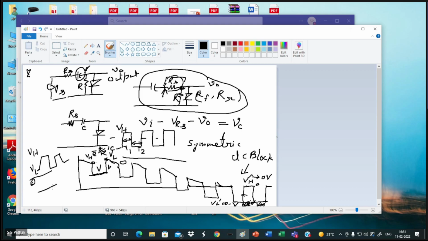So after clamping, VH becomes my 0. So I call this my VH dash, VH after clamping, okay? Then it goes below that. Here it becomes your VL dash or VL after clamping. So that's what you will be getting.